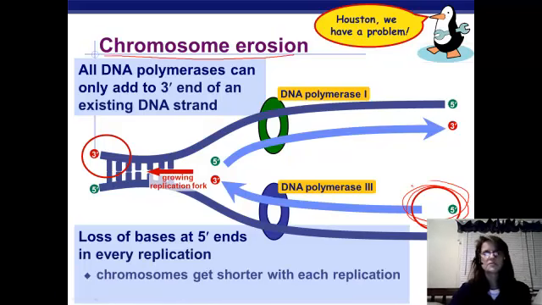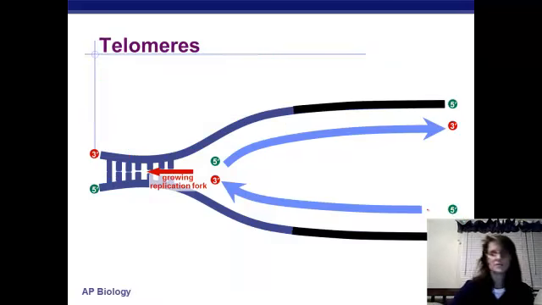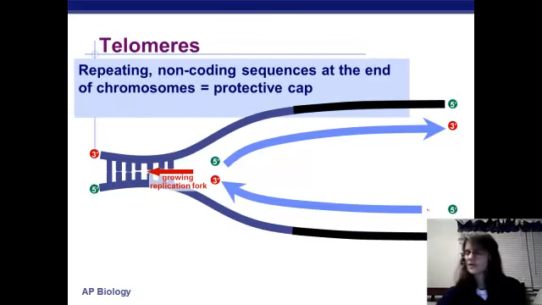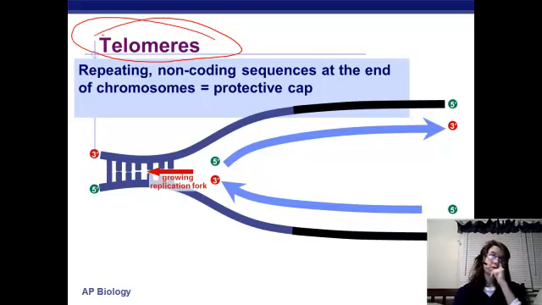The chromosomes essentially are getting shorter every time we copy them, which means that yes, there is a limit to the number of cell divisions our cells can do because we start eroding the ends of our chromosomes. Which brings us to the topic of something called telomeres. If you are familiar with your shoelaces, you know there's little plastic covers on the very tip ends of them that keep them from getting frayed.